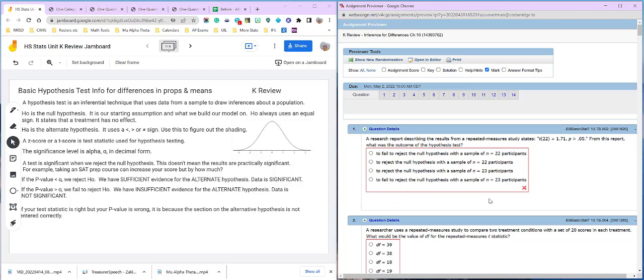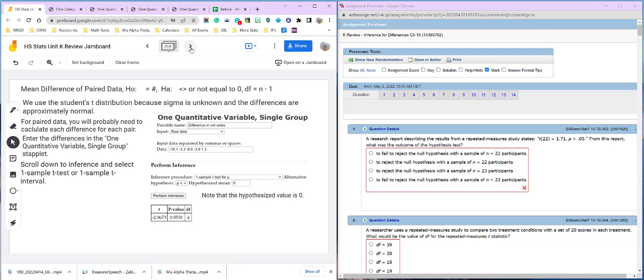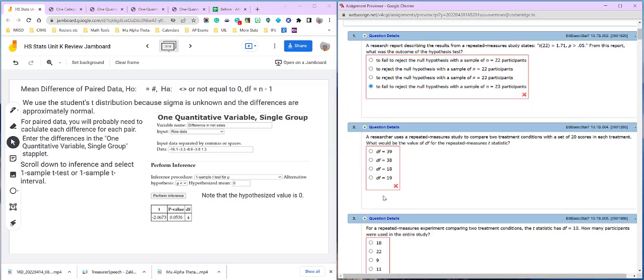And then you notice here it says how many participants. So we haven't really done notation like this, but obviously this has to do with degrees of freedom. So we would say 23 participants because degrees of freedom is the number of participants minus 1. And if you look at the mean difference for paired data, here I have it, degrees of freedom equals n minus 1. Okay, so we'll go ahead and choose 23, and we're failing to reject.